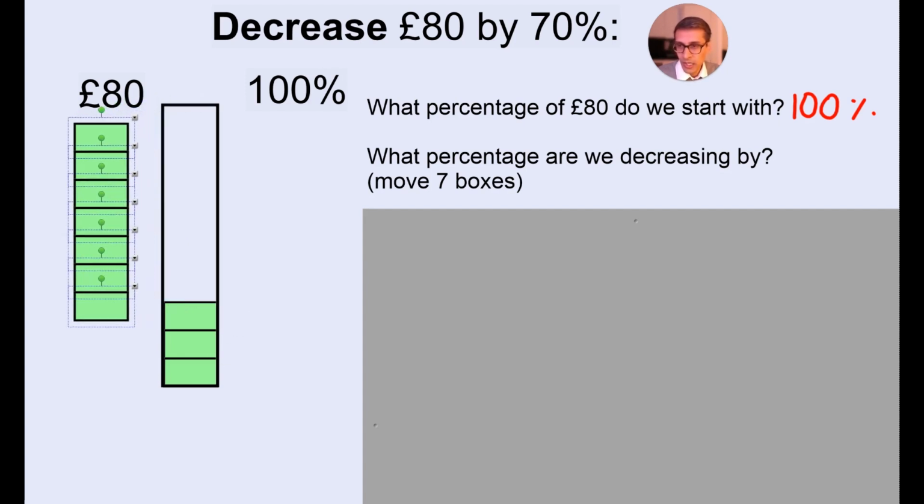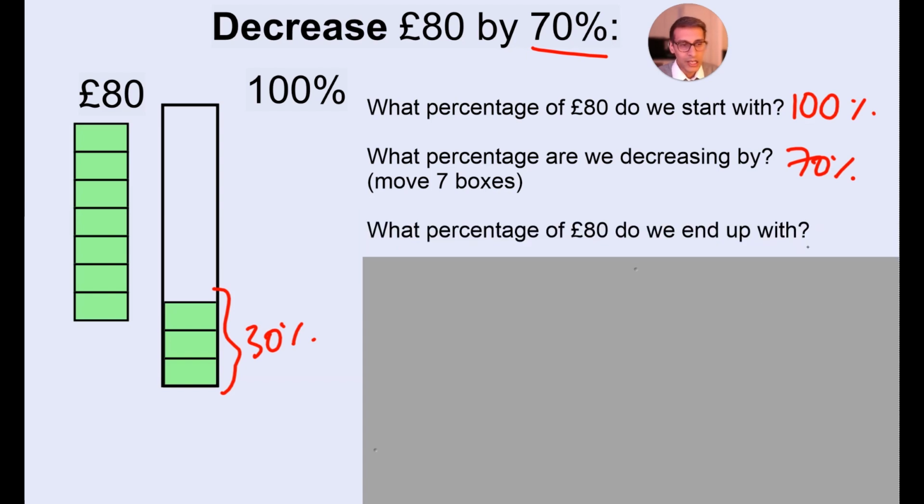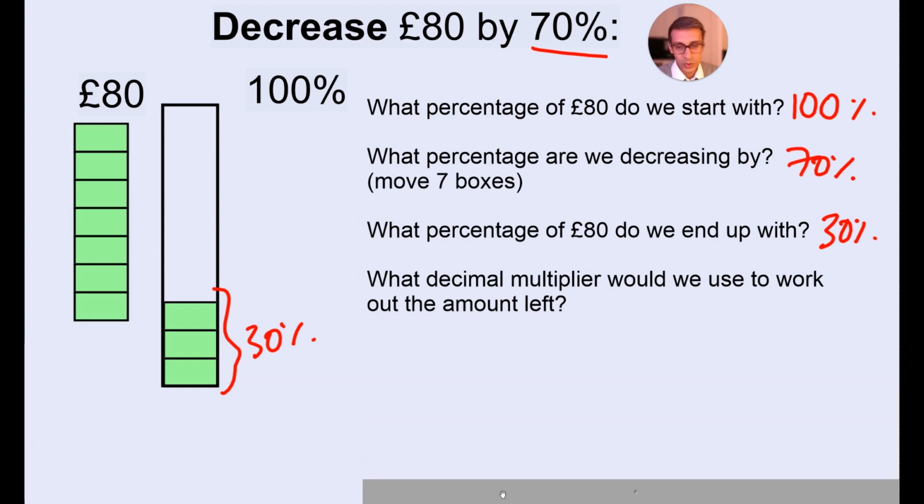Let's move those away, and you can see if we're decreasing by 70%, we're going to be left with 30%. And then what's the decimal multiplier for what's left over? Well, 30% is equal to 0.3.